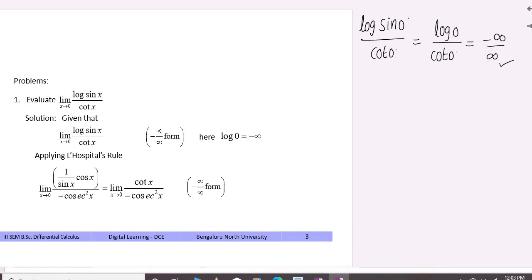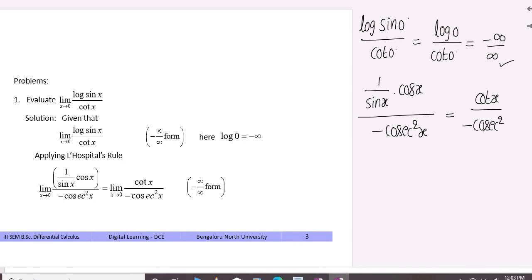Differentiate numerator and denominator separately. So, log of sin x differentiation is 1 by sin x into sin x differentiation is cos x, divided by cot x differentiation is minus cosecant square x. That means cot x divided by minus cosecant square x.